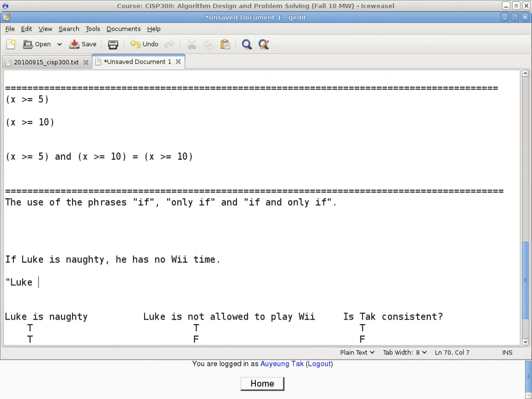It is saying Luke being naughty is a sufficient condition to have Wii time revoked. Does it say that being naughty is the only reason why he can have the Wii time revoked? Nope. In other words, being whiny can be another reason to have Wii time revoked, right?